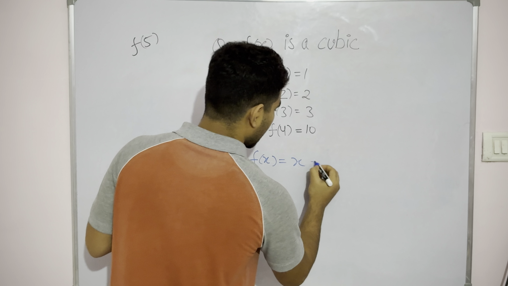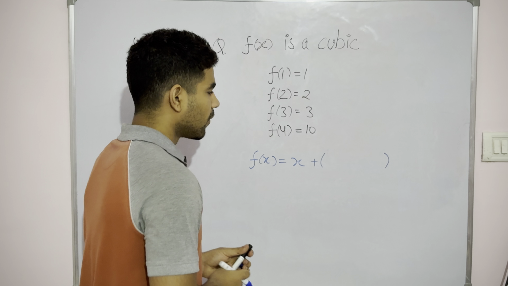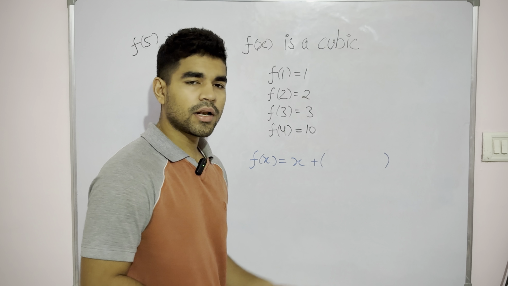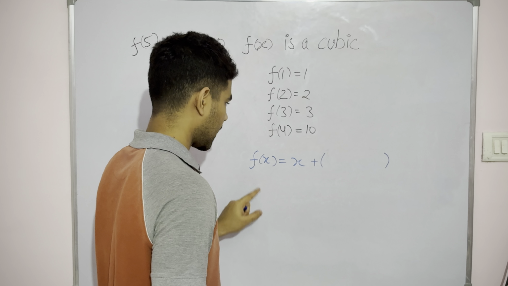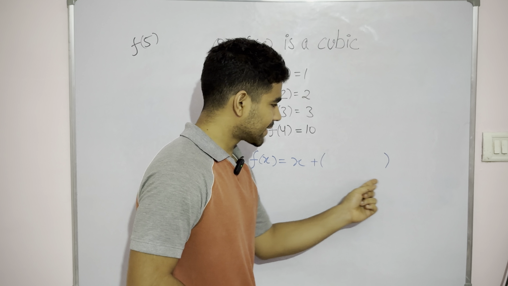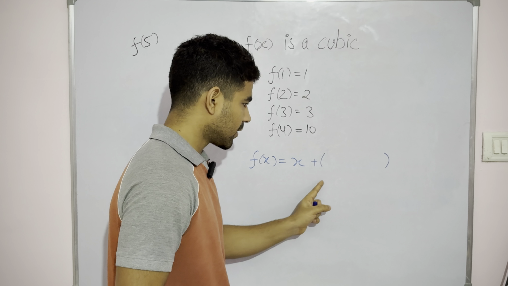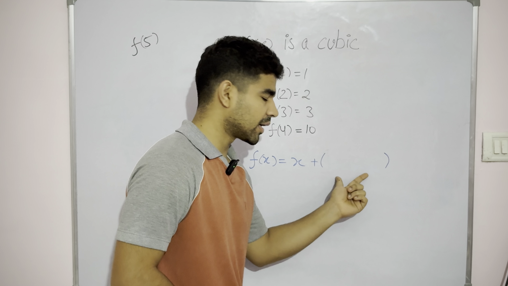I will try to add some term, for which this term will not affect f(1), f(2), f(3). f(1) will be 1, f(2) will be 2, and f(3) will be 3, which means when putting x equal to 1 in this term, it will be 0. When putting x equal to 2, this term will again be 0.